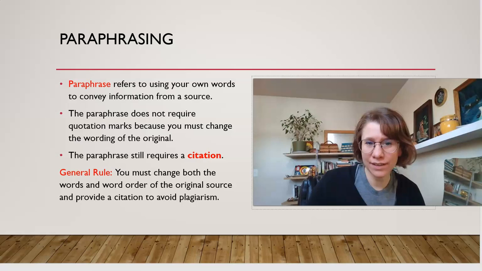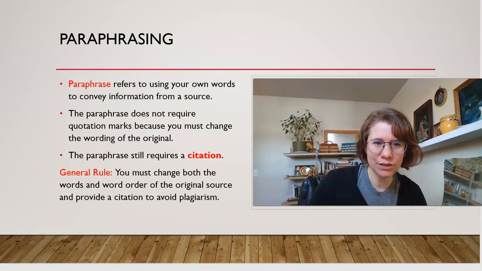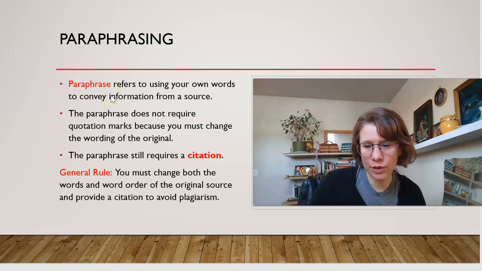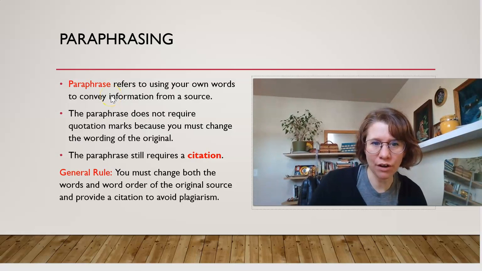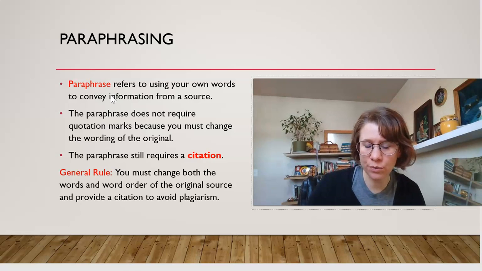So the next strategy for integrating evidence or quotations or research into our paper is to use paraphrase. And paraphrasing is different from quoting in that we're using our own words now to convey the information. We're not using the author's words.